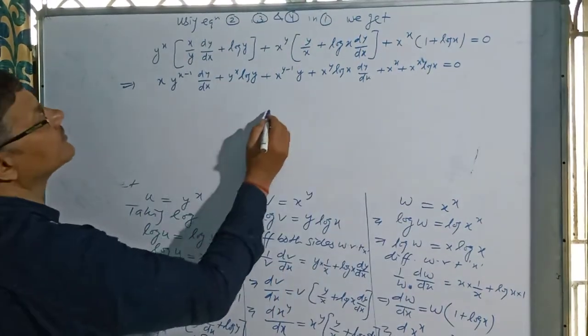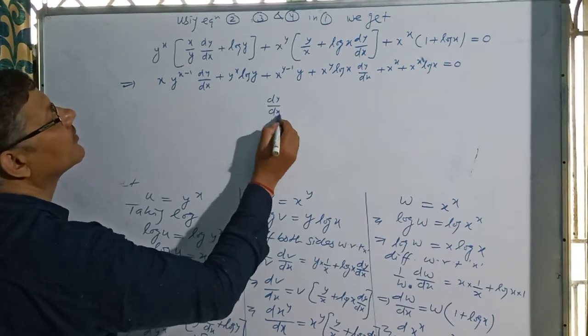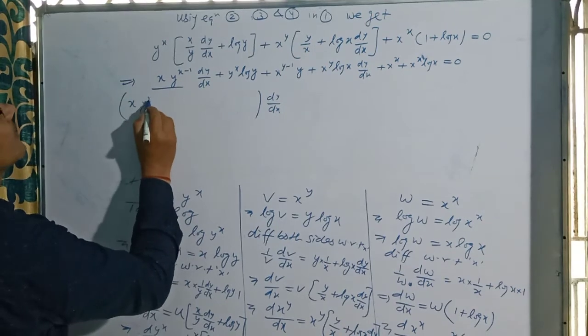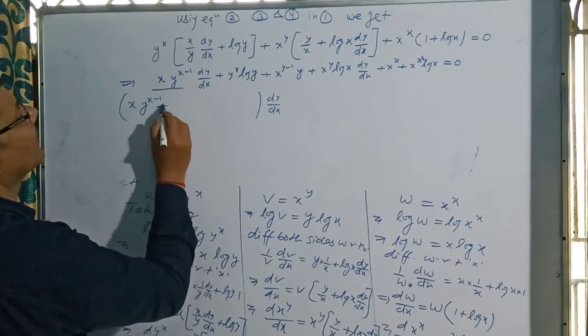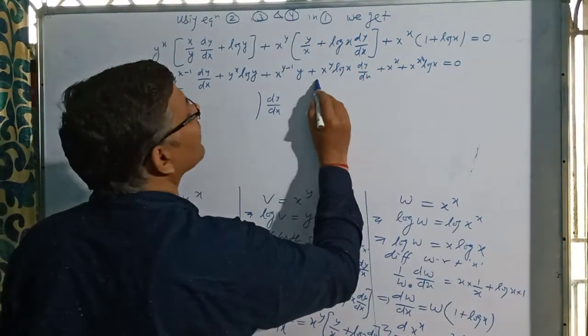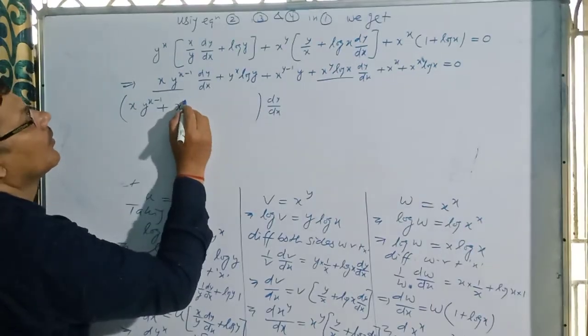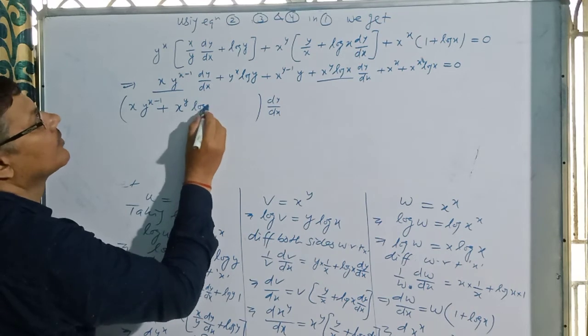When we collect the coefficient of dy by dx, from here we get x y power x minus 1 plus from here we get x power y log x.